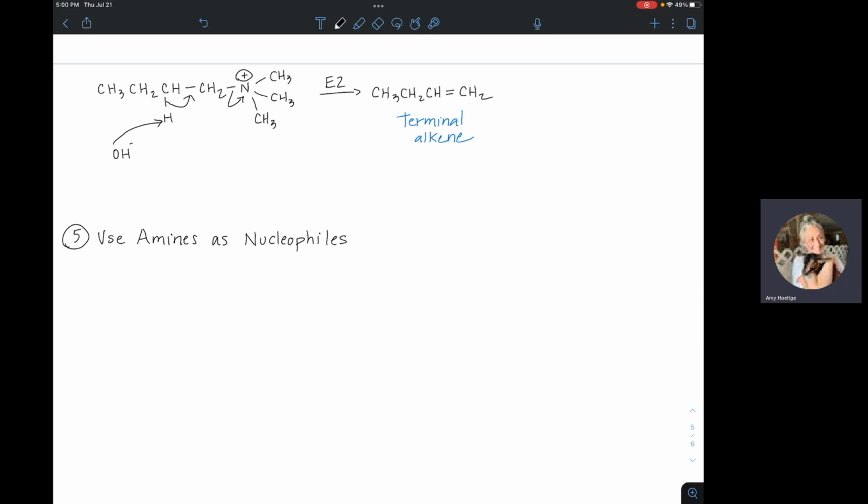So we can allow them to react with aldehydes, ketones, carboxylic acids, acid chlorides, acid anhydrides, whatever. We can reduce amides to produce amines, all that. So we'll end up using those in upcoming chapters.